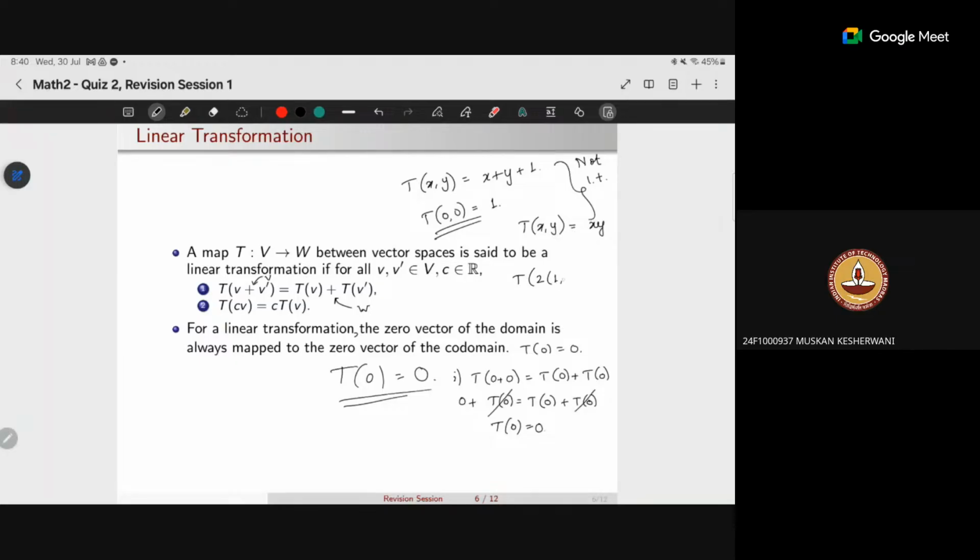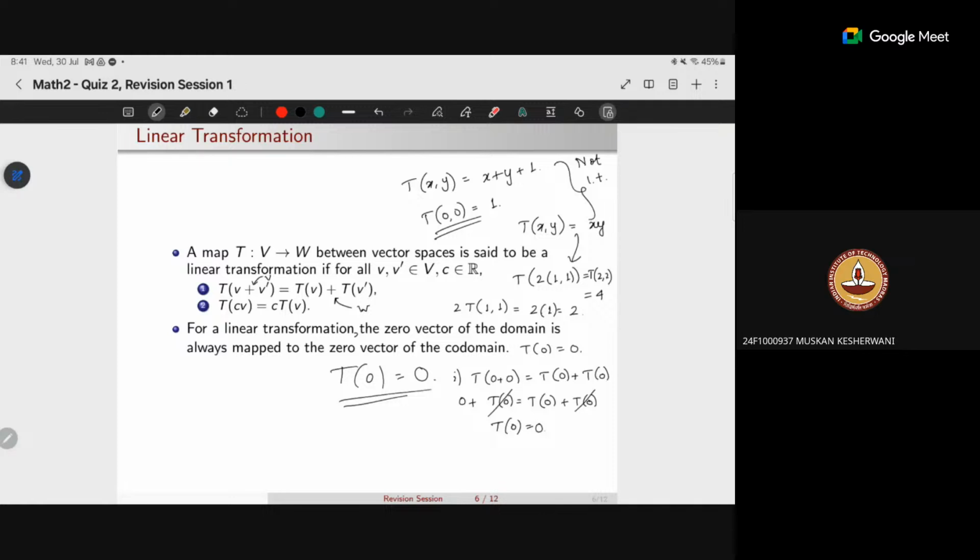Take something like this. T of (2, 2) is 4. But 2 times T of (1, 1), what is that? That is 2 times 1, which is just 2.